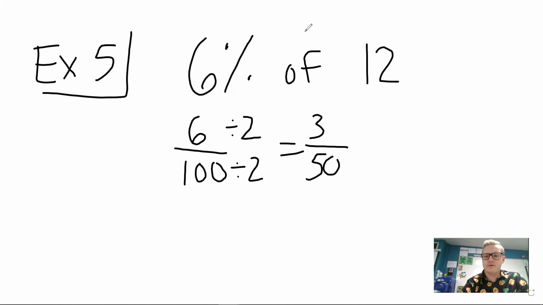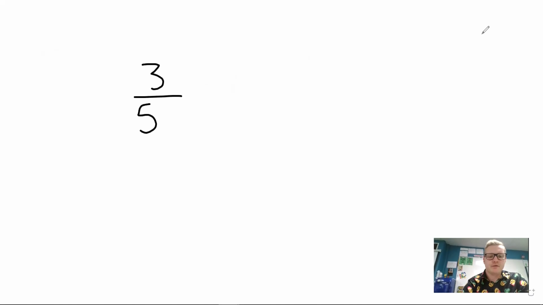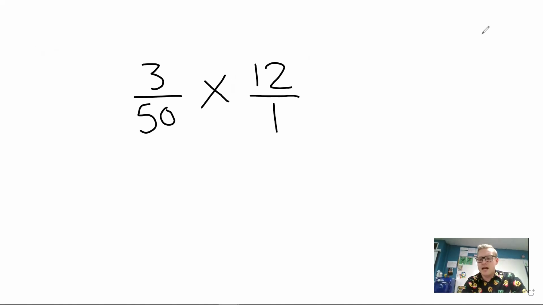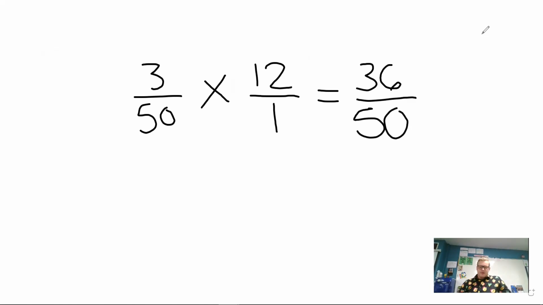So I have 3 over 50 of, so I'm multiplying, and then 12 over 1. So 3 over 50 times 12 over 1. Let's multiply straight across. 3 times 12 is 36, and 50 times 1 is 50. Then we need to take that 36 over 50 and simplify.